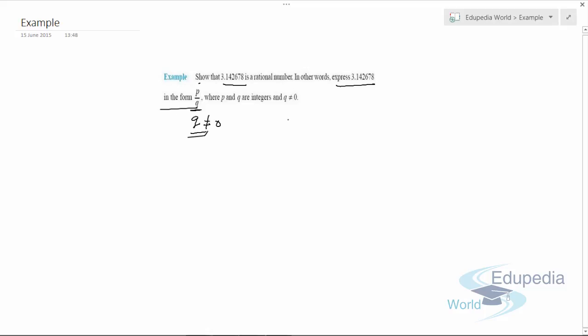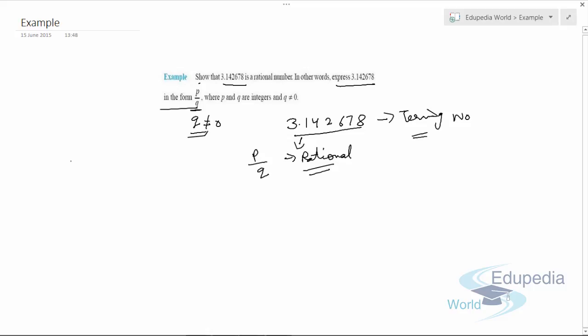So the question is 3.14267. Now clearly we can see that it is a terminating number, and if we can express this number in the form of p by q, then it will become a rational number. So let's see how to do this.